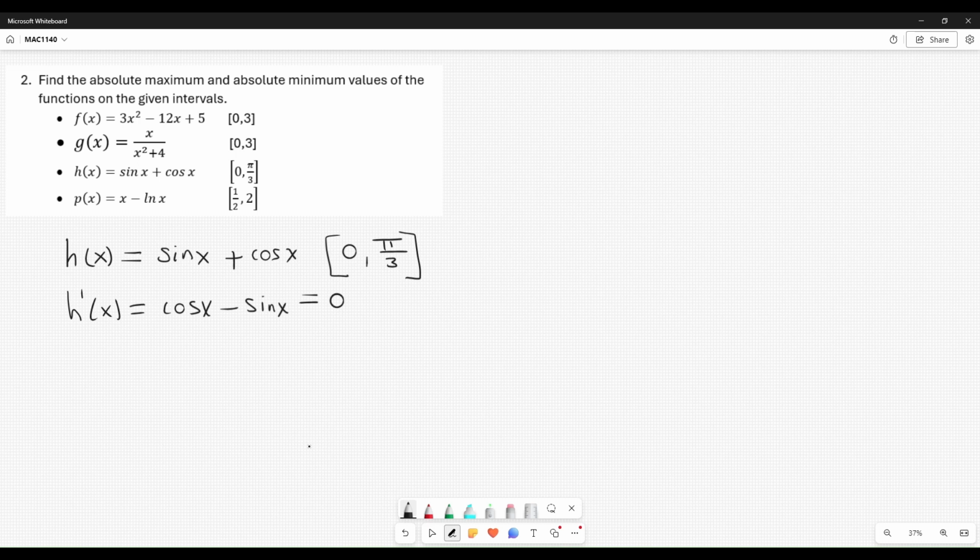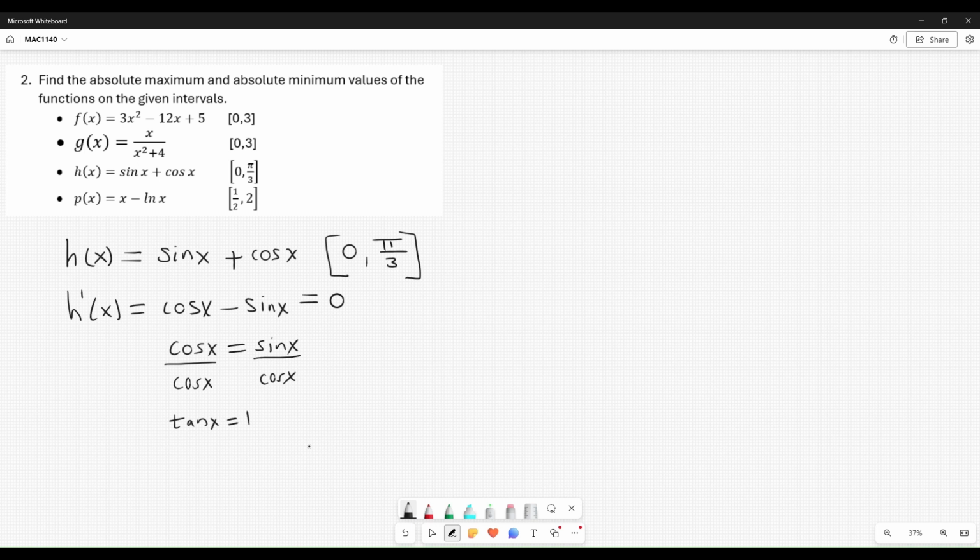Okay, this is easy. For example, I move sine, cosine is equal to sine, and it's equal to tangent, because you divide by cosine both sides, cosine over cosine, sine over cosine is tangent, x equal 1.